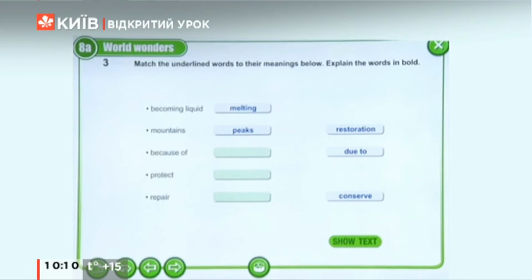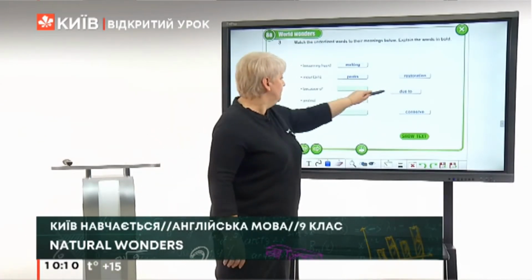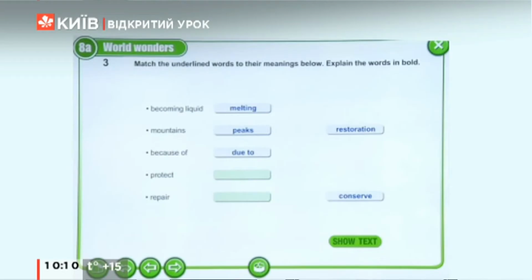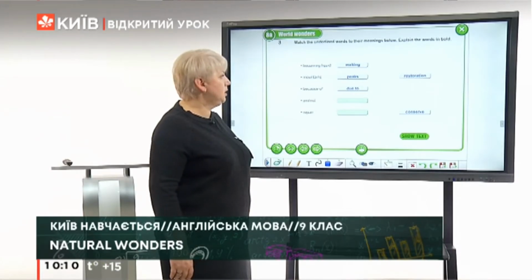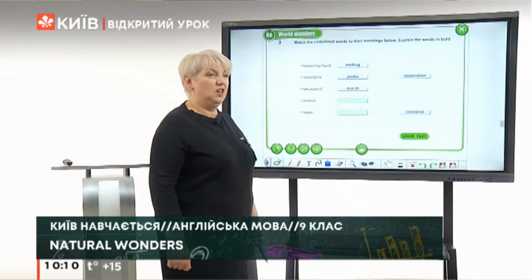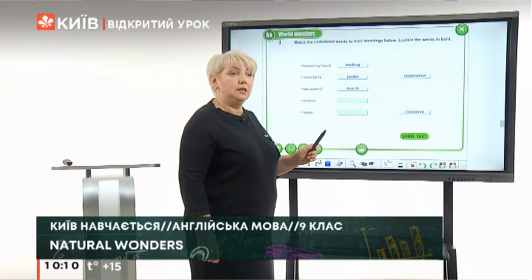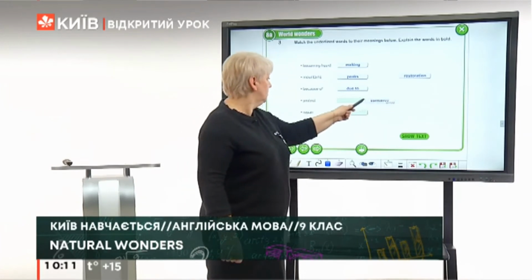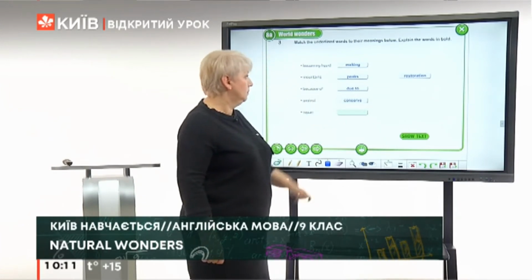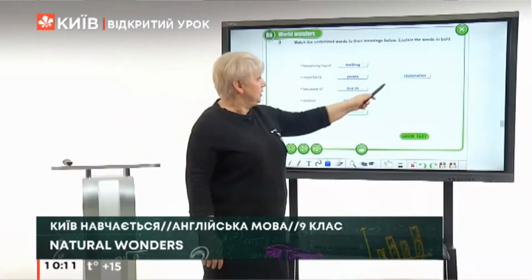Because of, how can you convert it? Due to some reasons. Protect. How can we protect nature? We don't usually say protect nature. We usually say conserve nature. And the last one, repair. There is nothing to do but restoration.